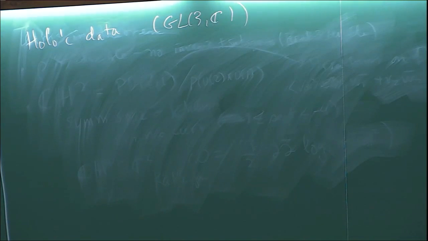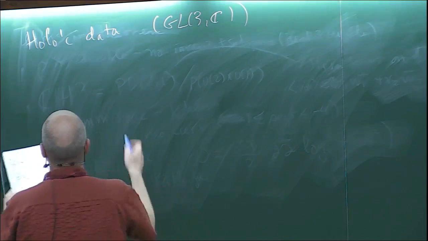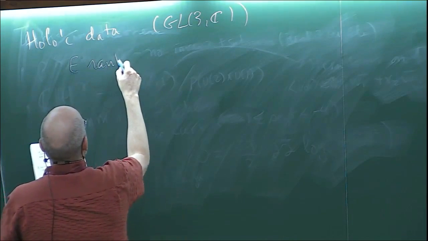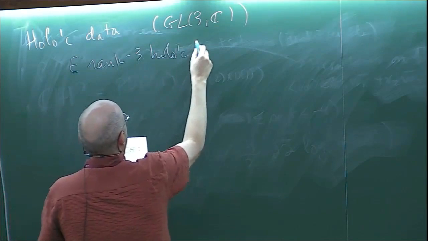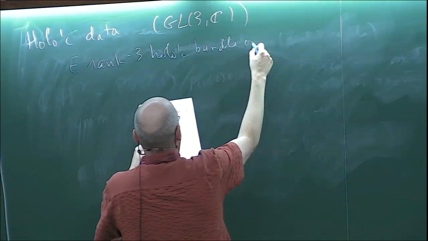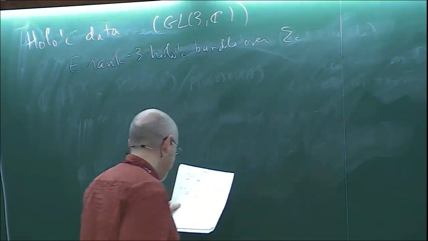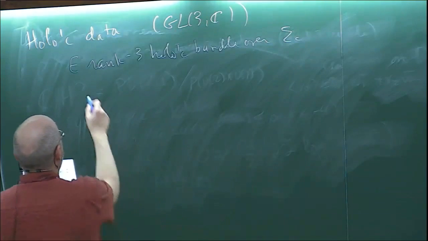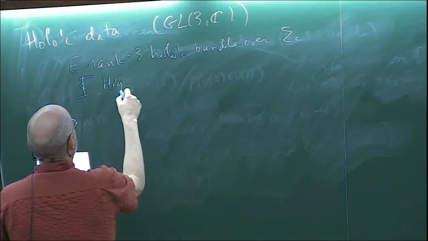This is just going to be the setting of rank 3 holomorphic bundles. So E is going to be a rank 3 holomorphic bundle over a Riemann surface, and phi is going to be a Higgs field.